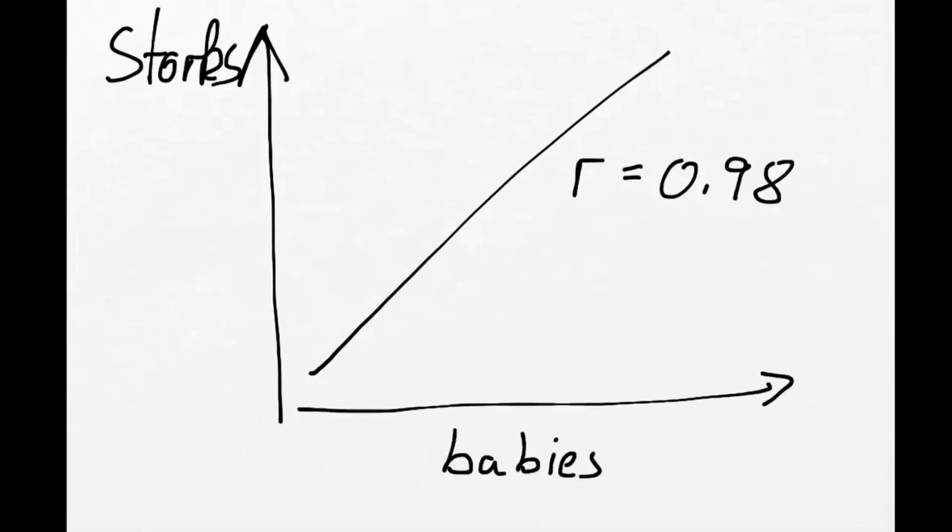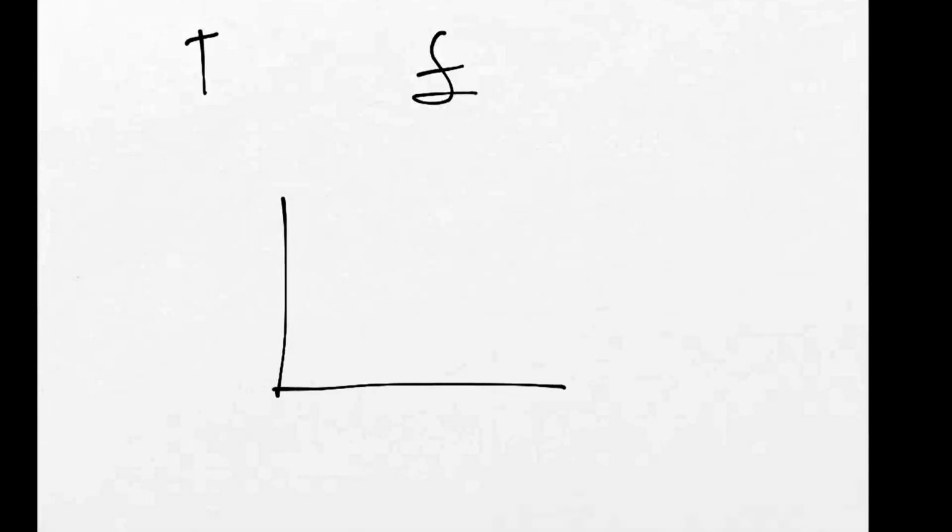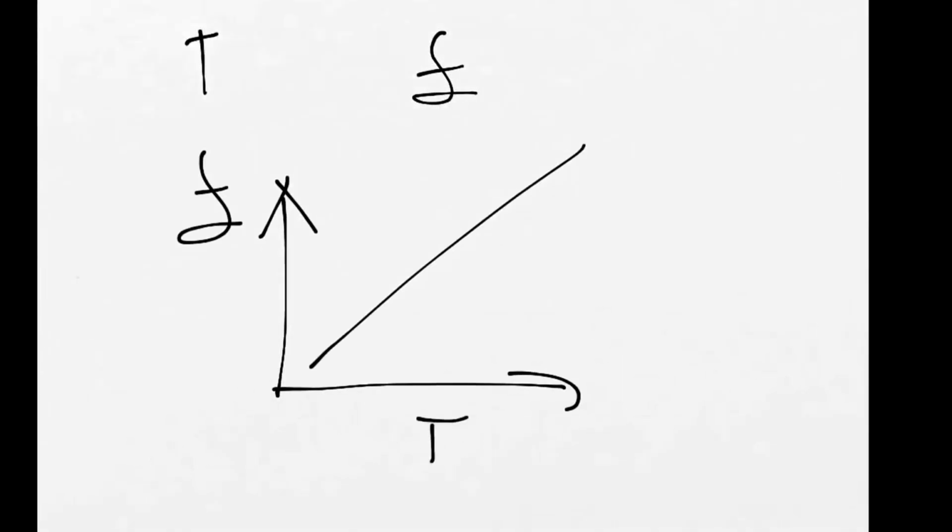So, coming back to the example with the ice cream, where we had the temperature and the ice cream sales. As soon as the temperature goes up, our sales go up.